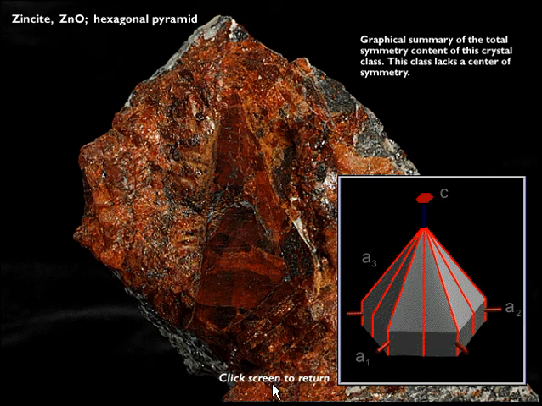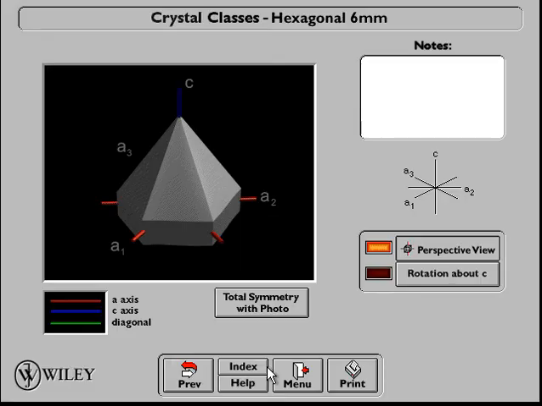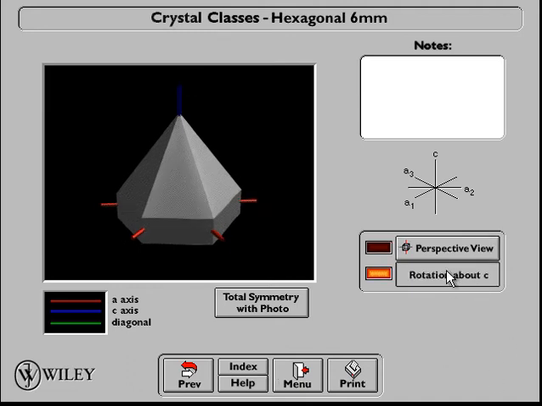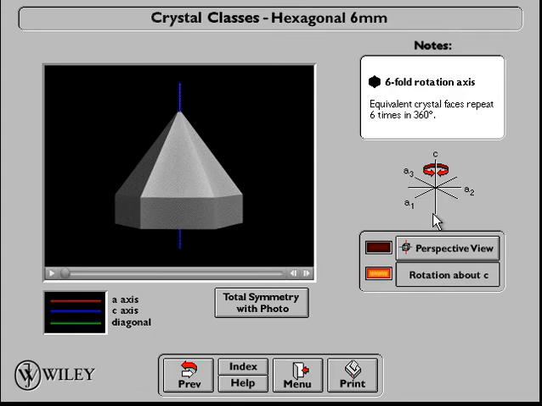Now we are clearing the screen and going back to our operation. Now we are making a rotation about C. We have a 6-fold rotation axis as shown with this symbol, and we have equivalent crystal faces repeating 6 times in 360 degrees.